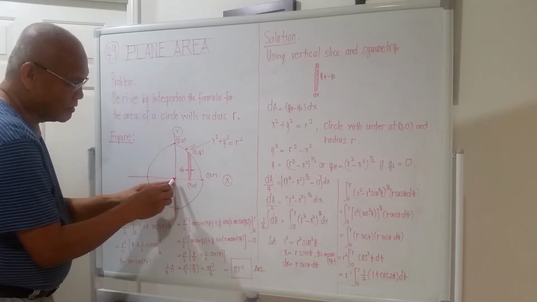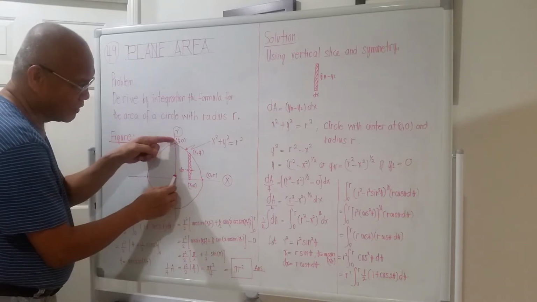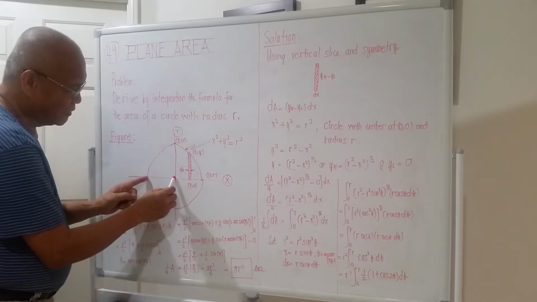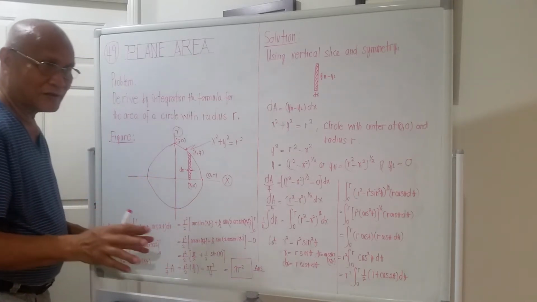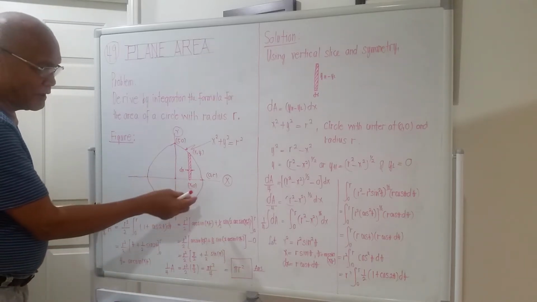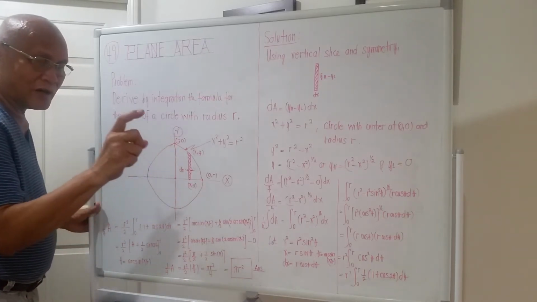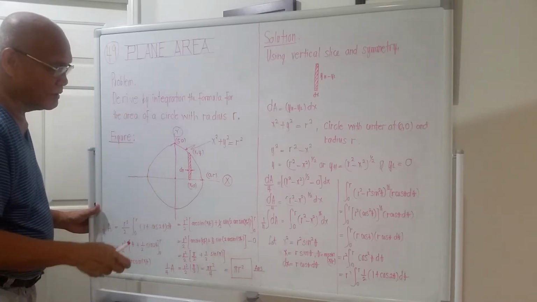This is the origin, 0, 0, so this length here is the radius, and this is still the radius. It's a symmetrical figure, in which all the dimensions going around are designated by r, and that is termed radius, okay.